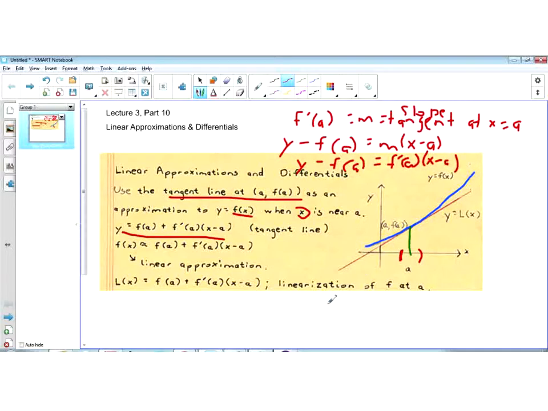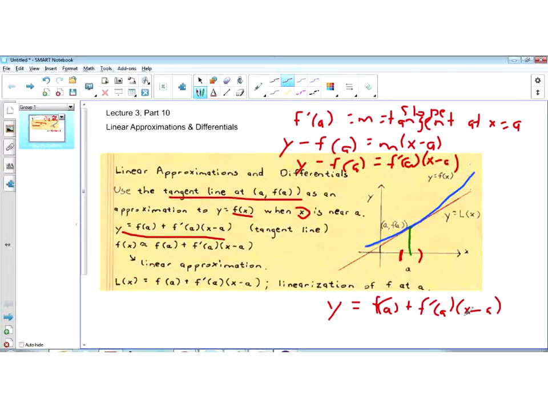All right, and then if we solve for y, I'll write it down here. y is equal to f of a, the function evaluated at a, plus f prime of a times x minus a.